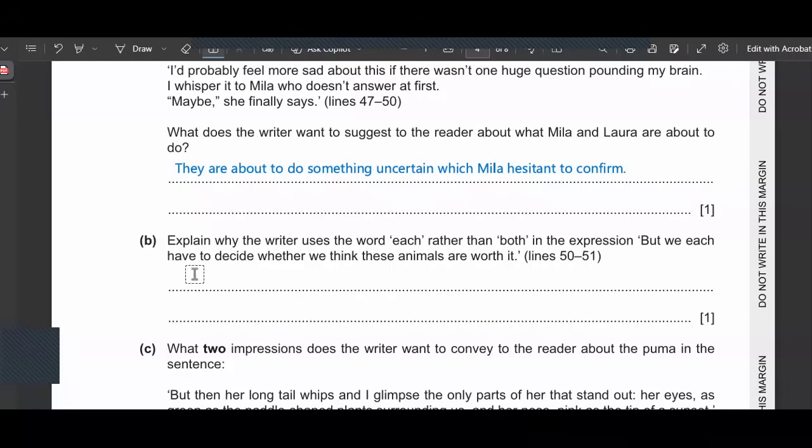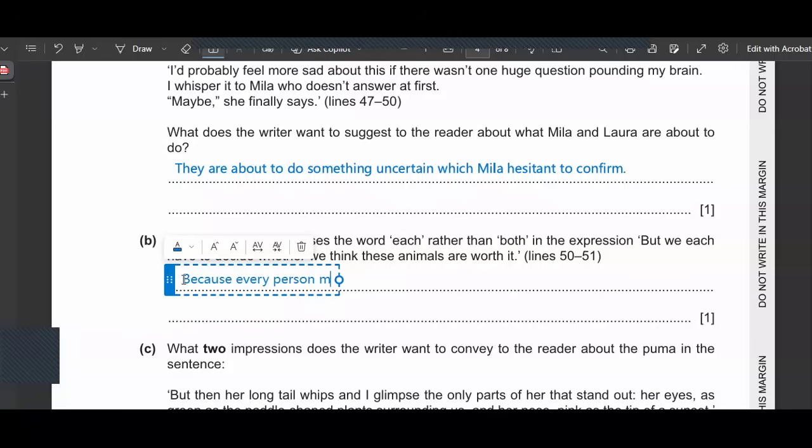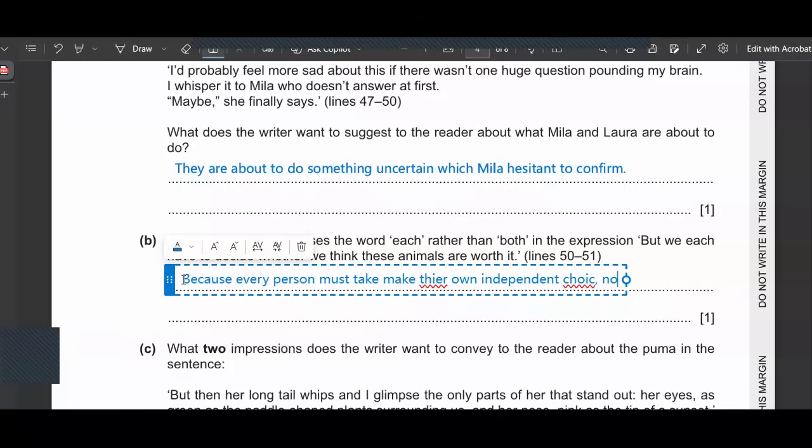We can compose our answer like: because every person must make their own independent choice, not a joint one.